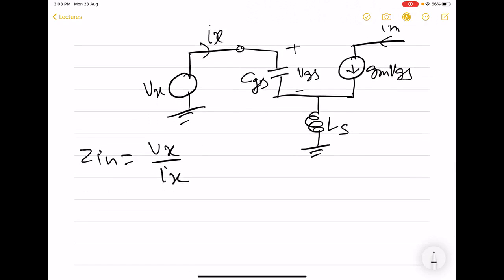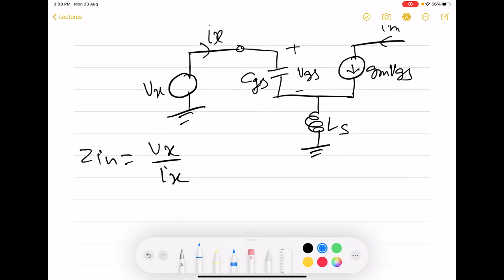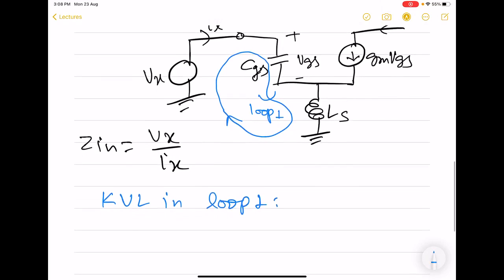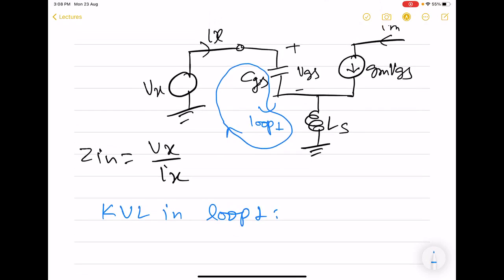Now to find out this Zin, we are going to apply KVL in the input loop. So here there are two currents, one is Ix and another is Im, and both will be flowing through this LS.